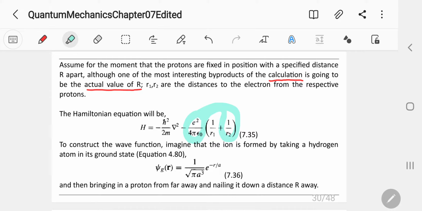So again, in this case, there's only one electron and there are two protons. So you can treat one system as a hydrogen atom and the other one as just a pure proton. So you can treat a hydrogen atom in its ground state, and then you bring in a proton from far away and put it fixed at a distance R from the other proton.